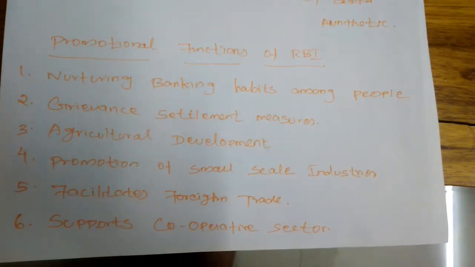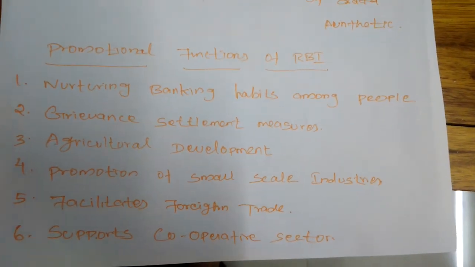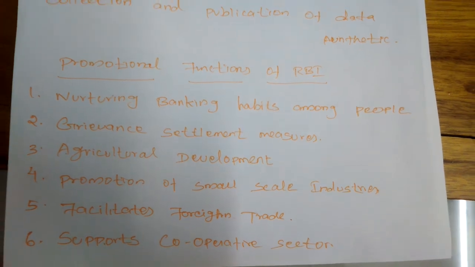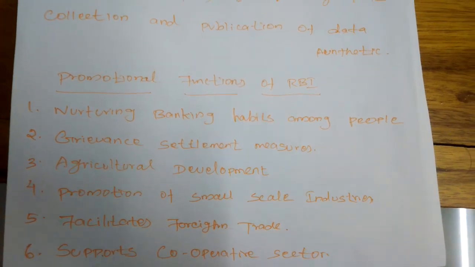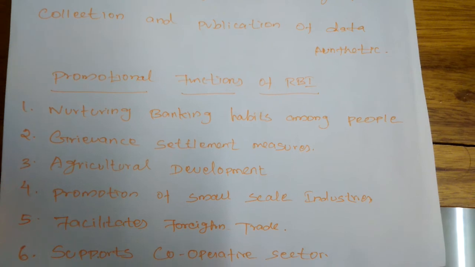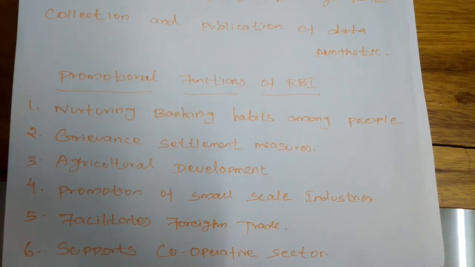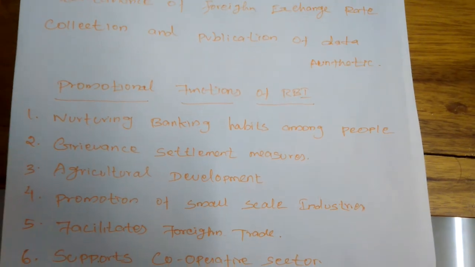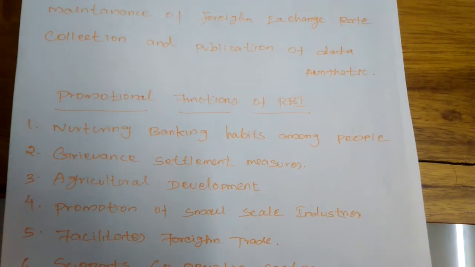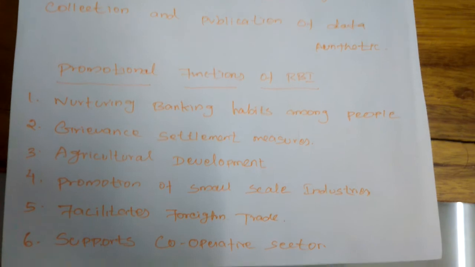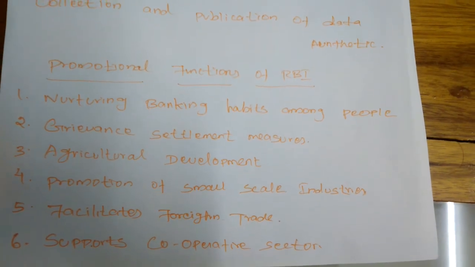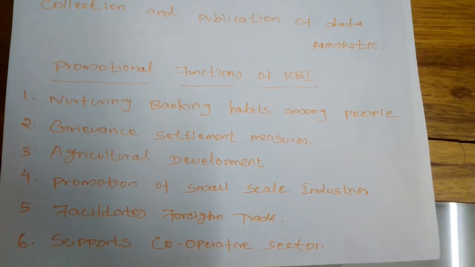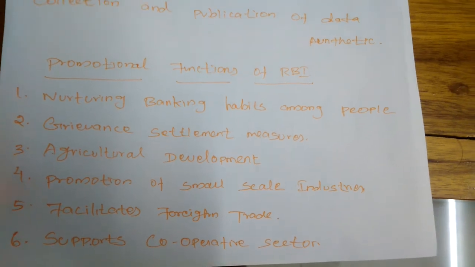Normally all the commercial banks provide different types of services. When they provide services, the consumers may or may not get satisfaction and they may have some complaints. When they are not getting satisfaction, they can approach the ombudsman services.